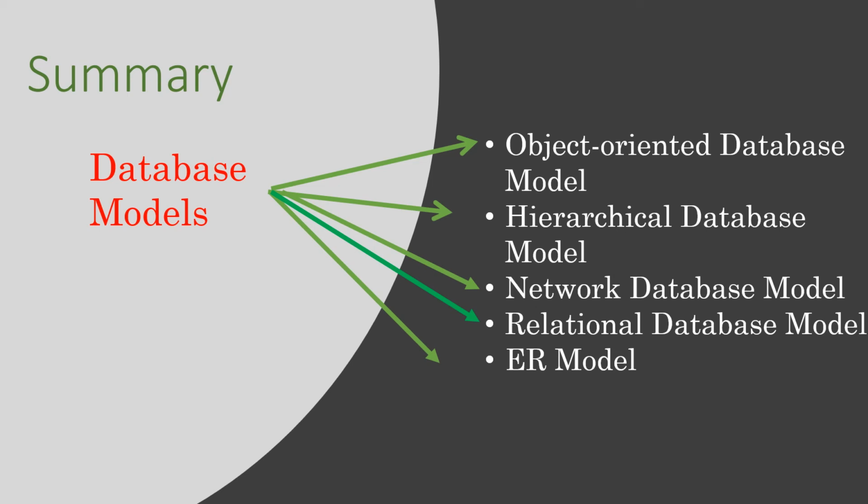In the hierarchical model, the data is organized in a tree-like structure with a one-to-many relationship between two different types of data. For example, one department can have many courses, many professors, and many students.